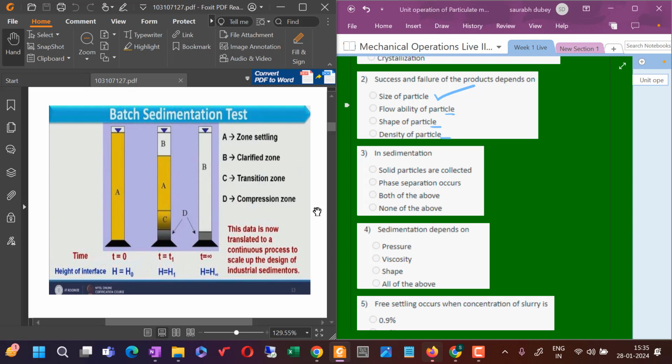But in the case of other things, this has to be scaled to a large amount.